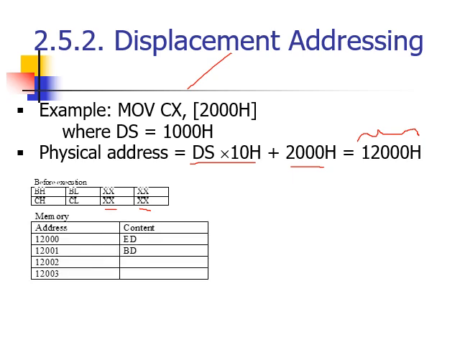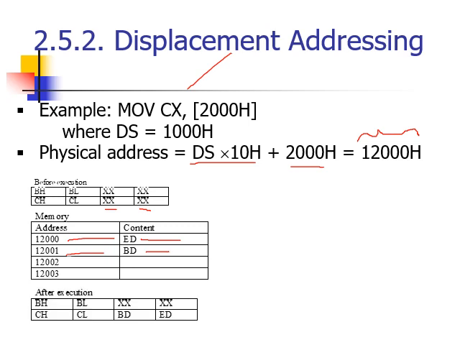You need to go to memory and you have to define two memory locations. Lower address to go to CL, higher address to go to CH. So this value goes to CH, while this value goes to CL. Okay.